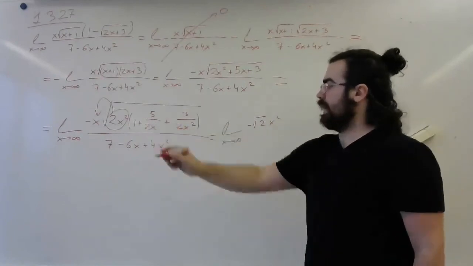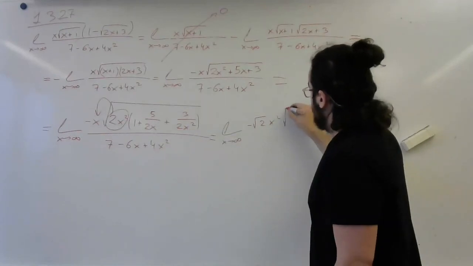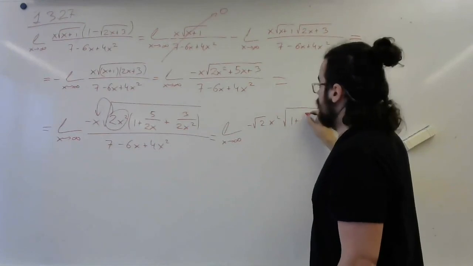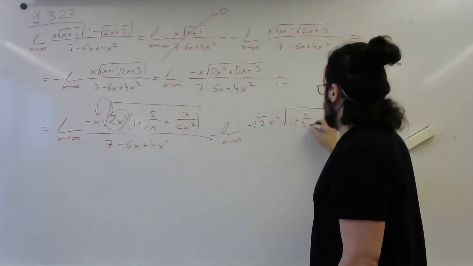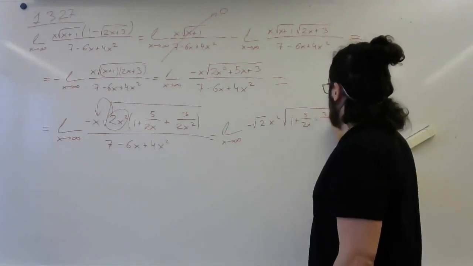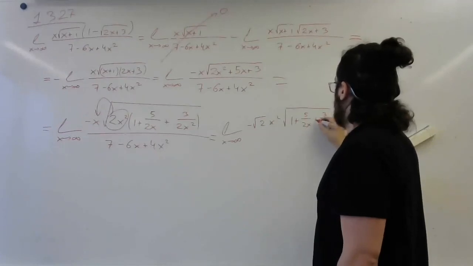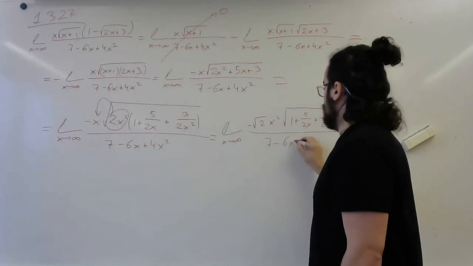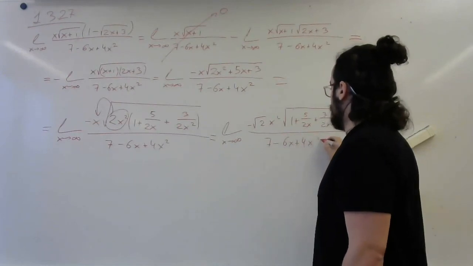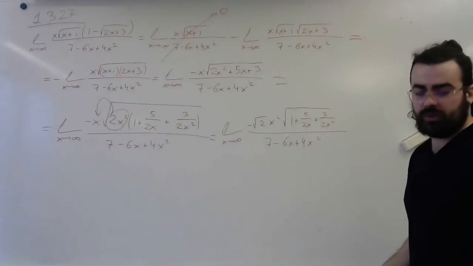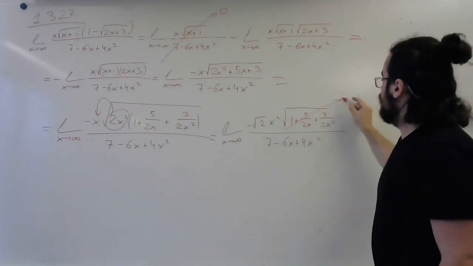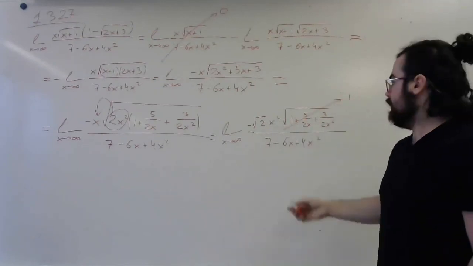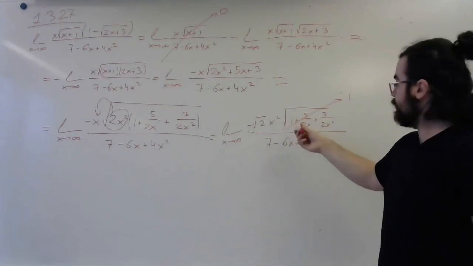The square comes from the x that is already out, multiplied. When we jump into infinity, this square root is 1 because this is 1.